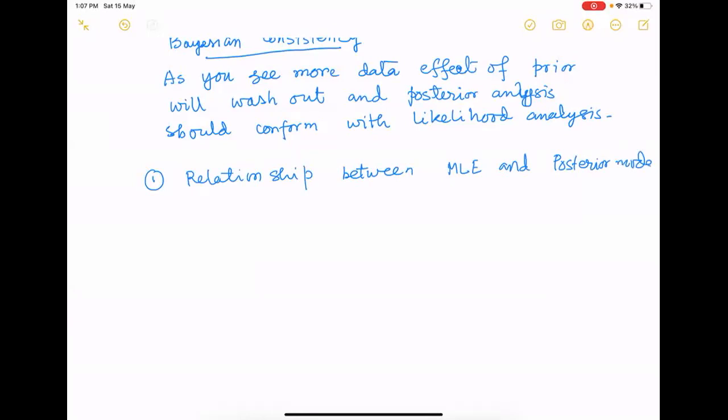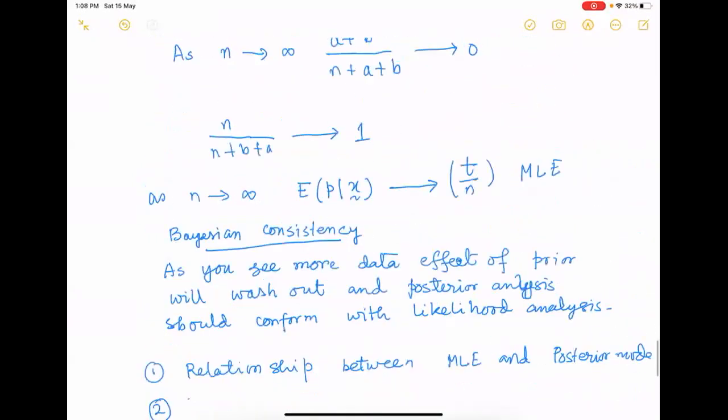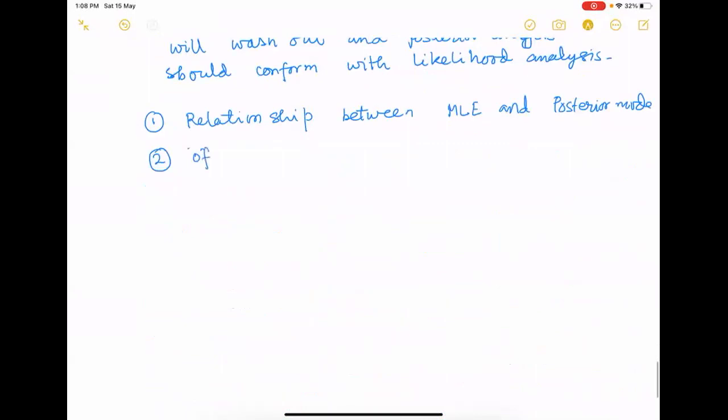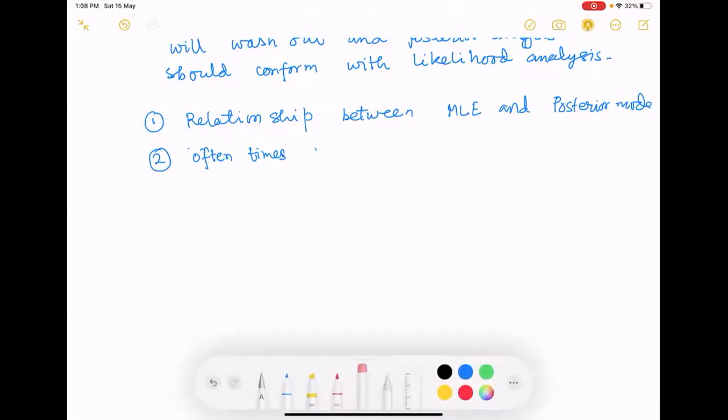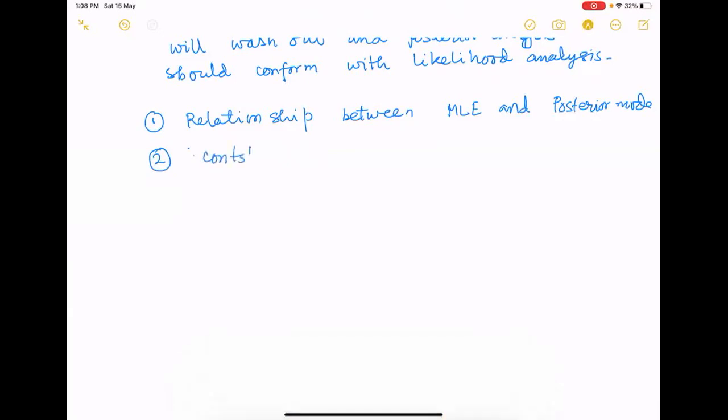And second, we will see the relationship between constrained optimization and Bayes solution.